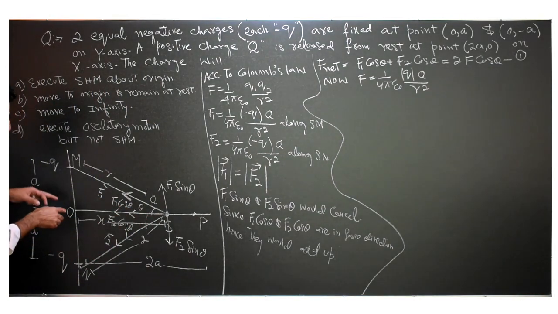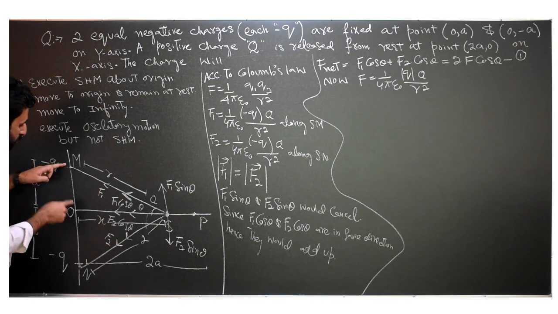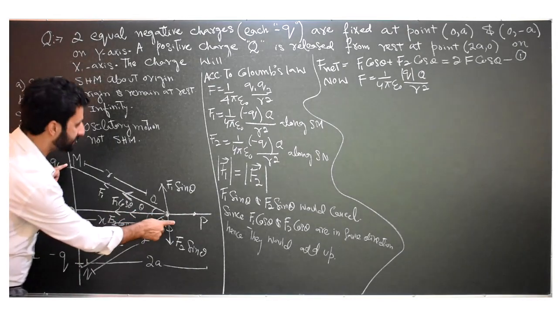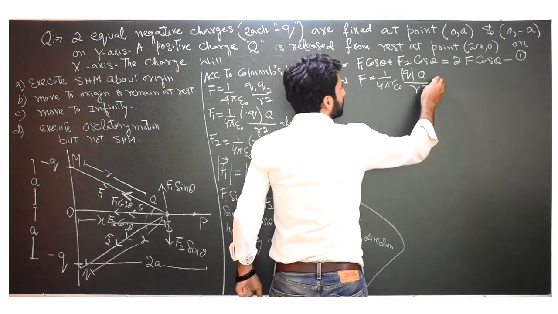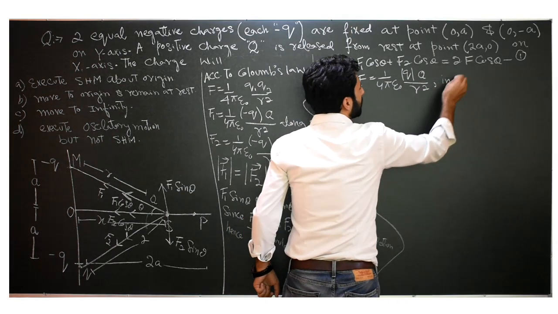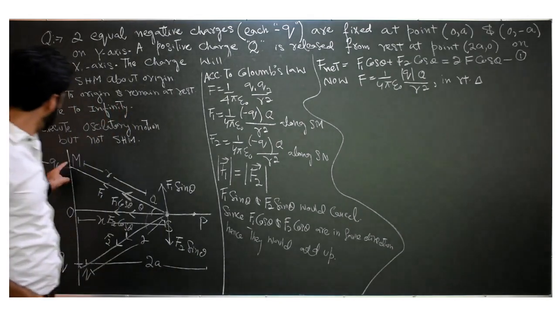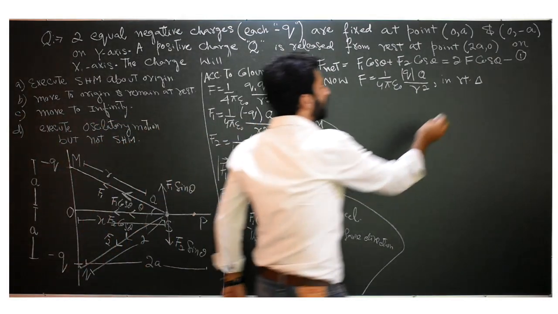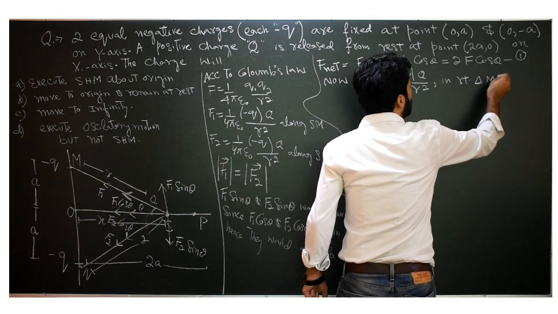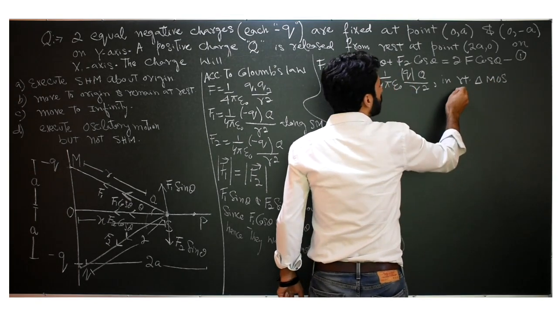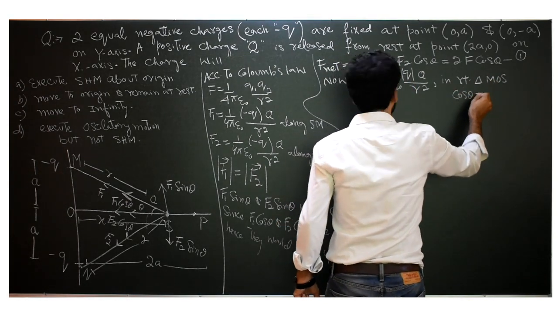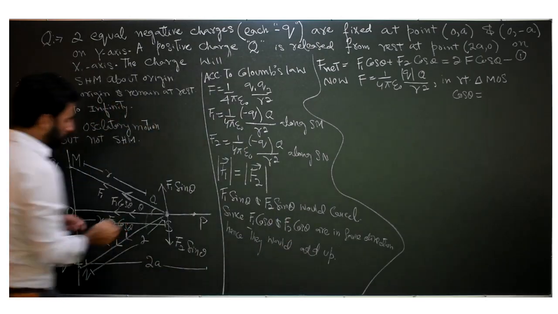If we take this right triangle MOS, cos of theta is base upon hypotenuse.